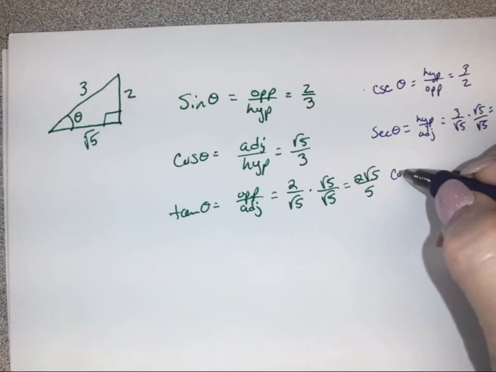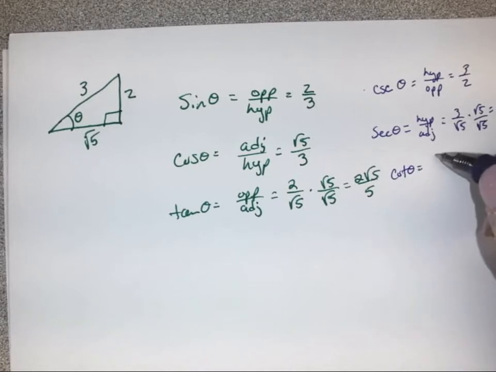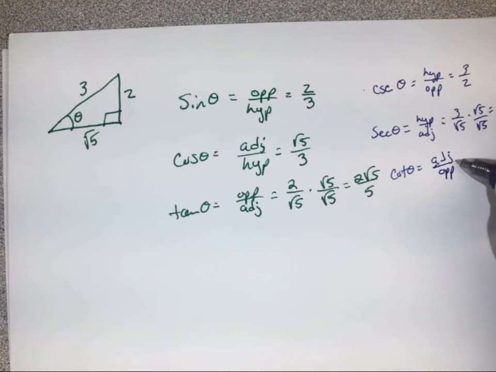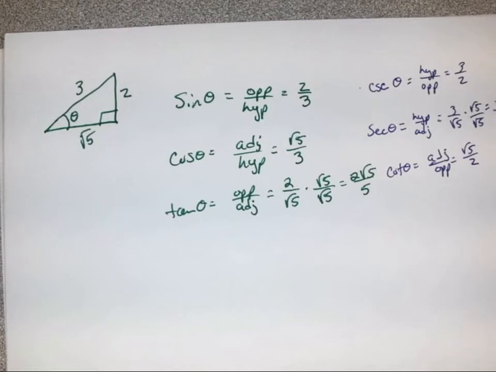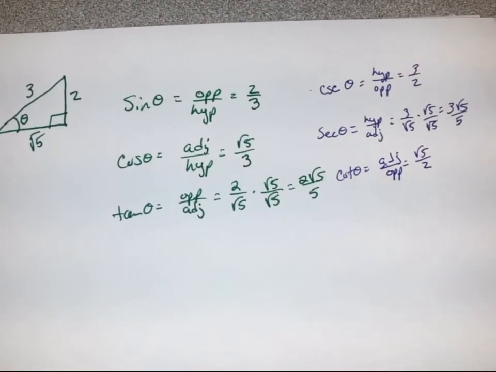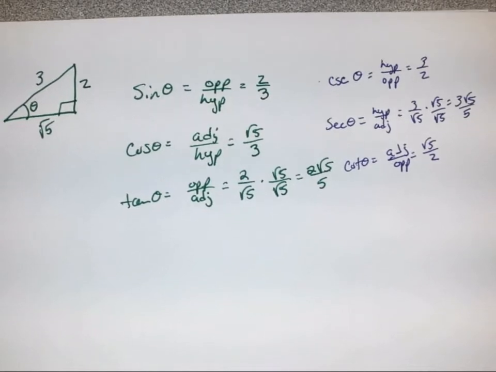And then cotangent theta would be the adjacent over the opposite, so we'll get the square root of 5 over 2. Sorry you couldn't see. So that's just how we are using the SOHCAHTOA part to figure out what's going on.